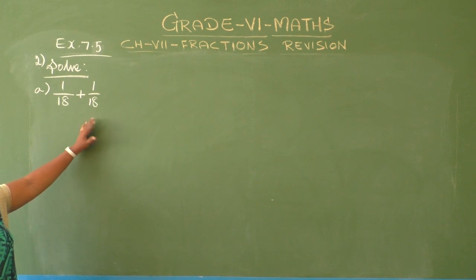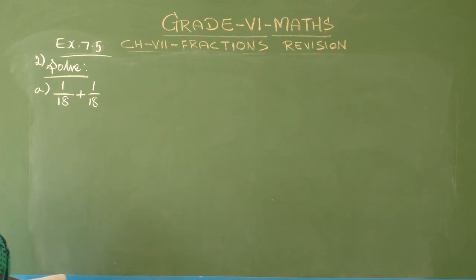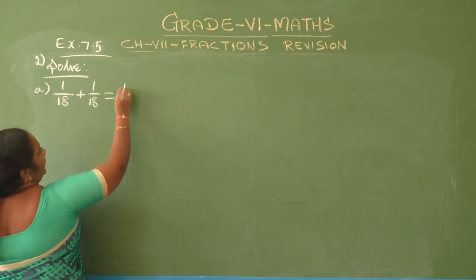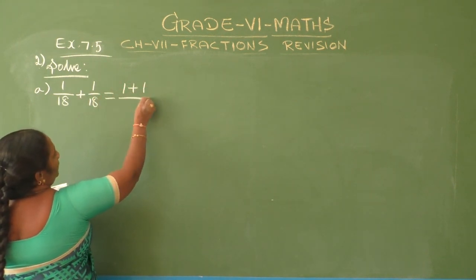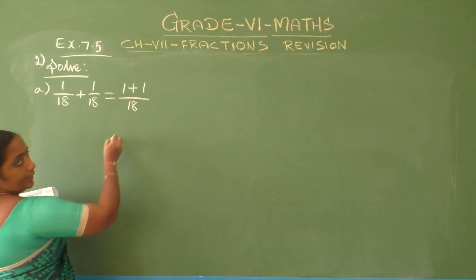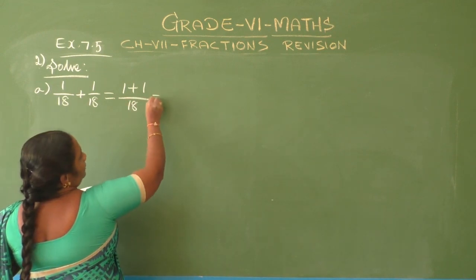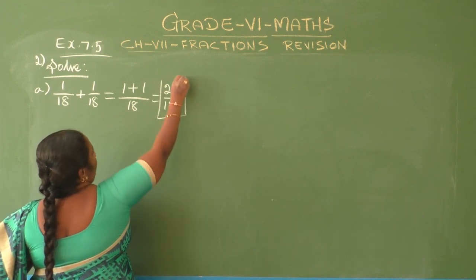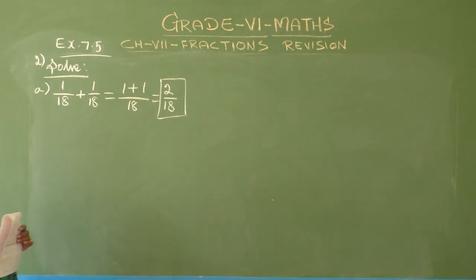Here both sides they gave the same denominator, so no need to take LCM. We can add the fractions directly. 1 plus 1 by 18, a common denominator. So 2 by 18 is the answer.